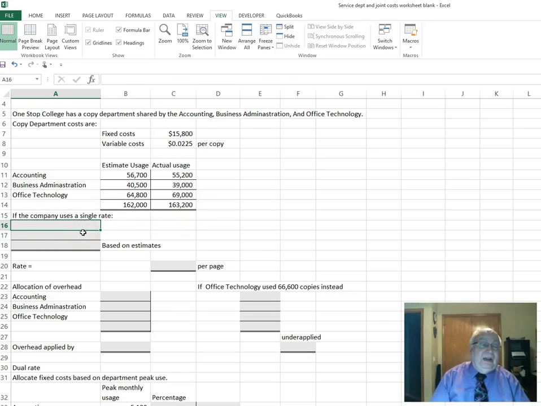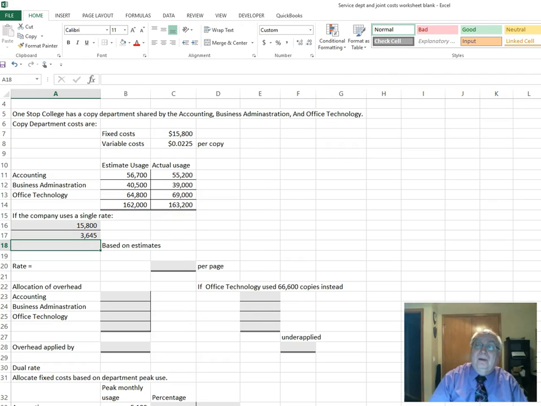Okay, if we use the single rate, we take the fixed costs, which is the 15,800, plus the 0.0225 times the 162,000, and if we add those together, that gives us 19,445.